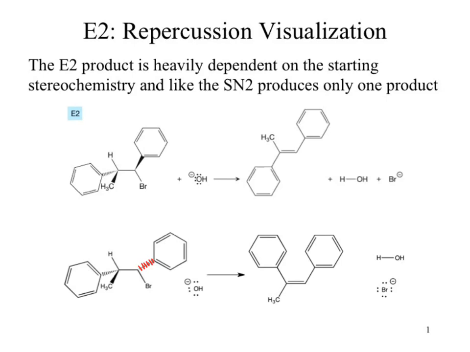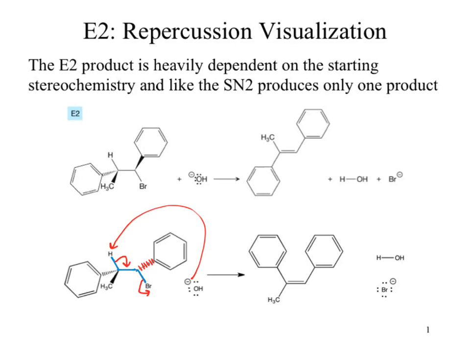What does that change about the chemistry? Well, let's look at the result. Our base still comes in, pulls the hydrogen off, forms the double bond, still kicks out the leaving group. We're still in that anti-periplanar alignment, right? Because our hydrogen and our bromine are both in the same plane, and on opposite sides. But what happens with our product?